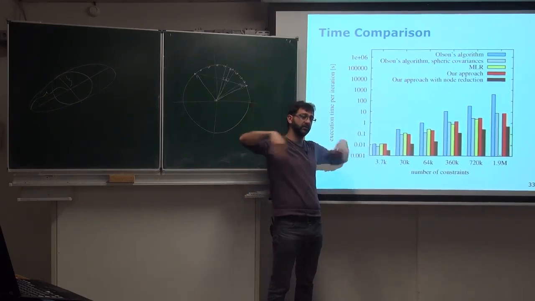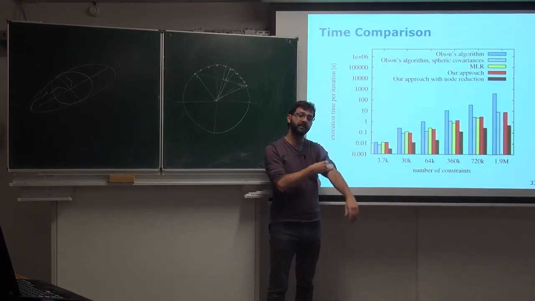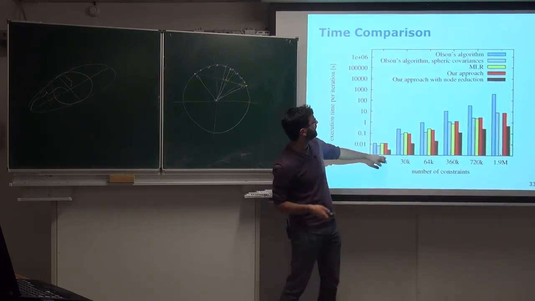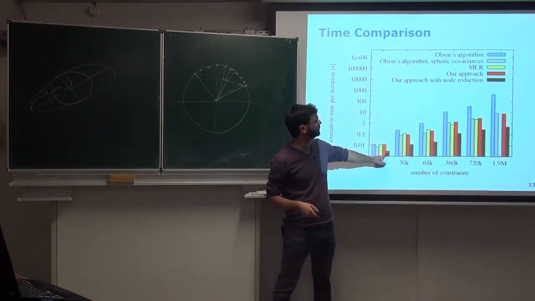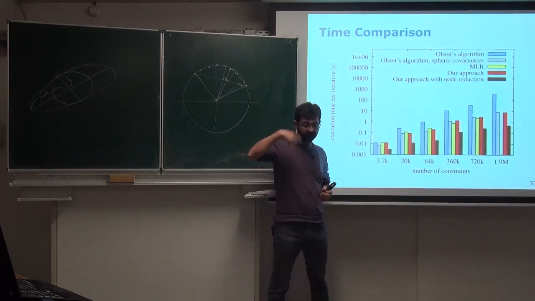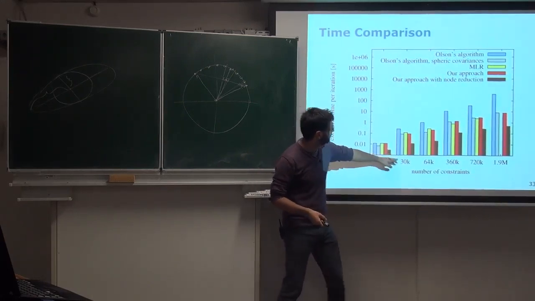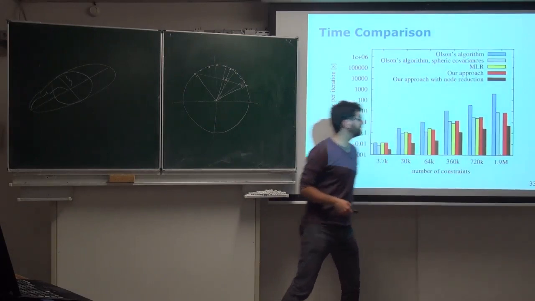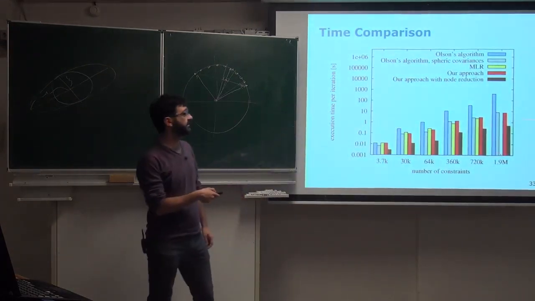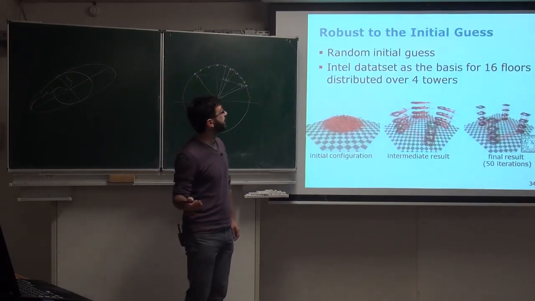So you just go in a quadtree structure and go down, similar to what we did in hierarchical pose graph. And then here you have these other two approaches, which are the tree parameterization with and without node removal. And you can see that if you do a node removal step, you get much faster, even if you add a lot of measurements in the graph.